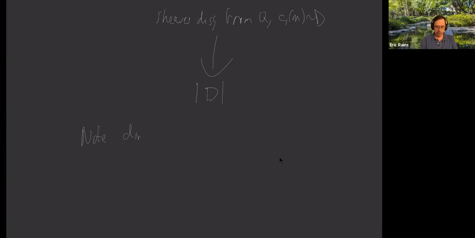The dimension of this linear system is one less than the dimension of the corresponding line bundle.